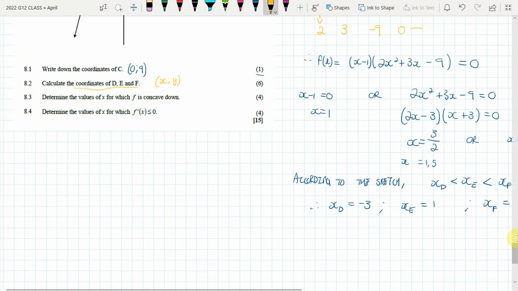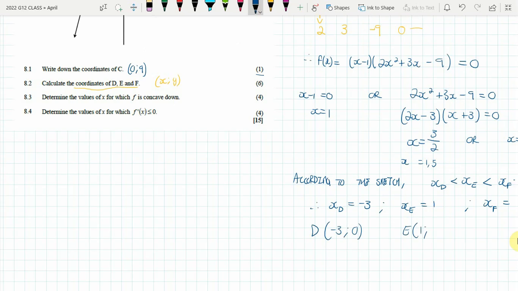So now, because they want coordinates, I think it's safer to write them out in full. The point D is the point (-3, 0). Point E is the point (1, 0). Point F is the point (1.5, 0). But it's a bit silly to write them out in full when they are x-intercepts. But just to be safe.